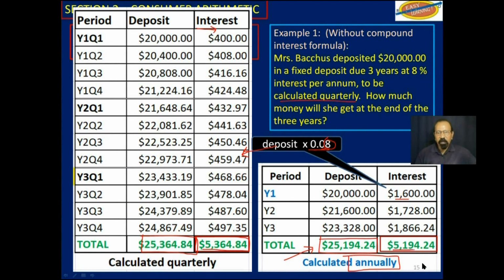Over here, it's $5,194. Same money, same bank, same interest, same amount of time, except the one on the left, the calculations were done on compound interest quarterly, 4 times a year, as opposed to this one on the right, once a year at the end of the year.